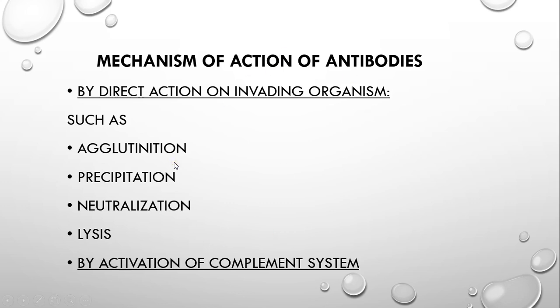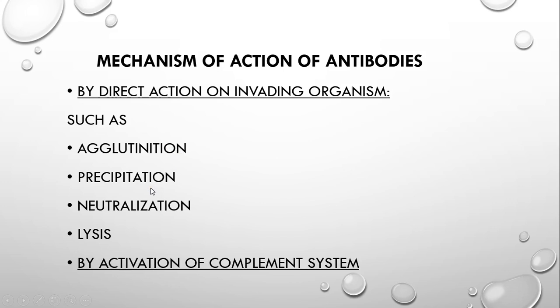What is agglutination? On exposure of antigen, the antibodies bind with the antigen to form the antigen antibody complex, and after forming that complex, there is the clumping of the antigens. This process is known as agglutination.